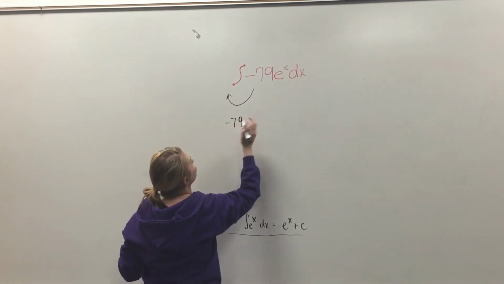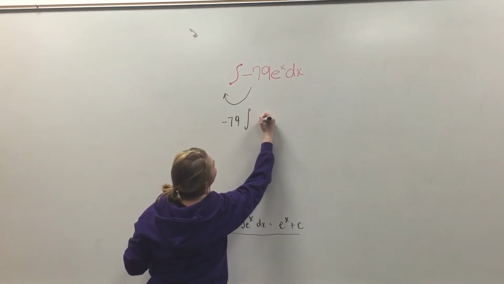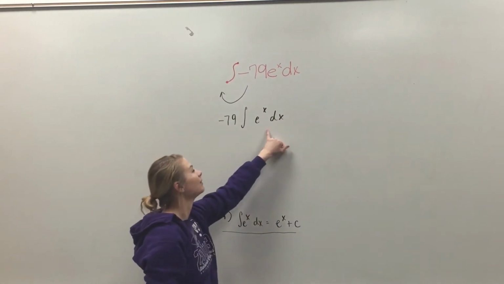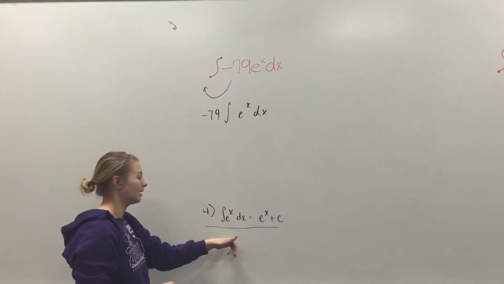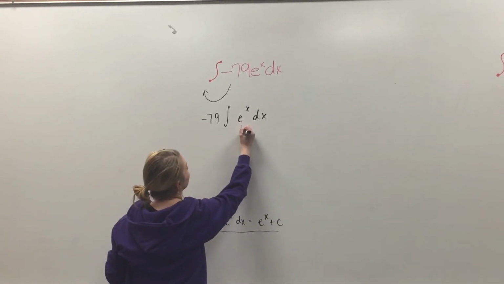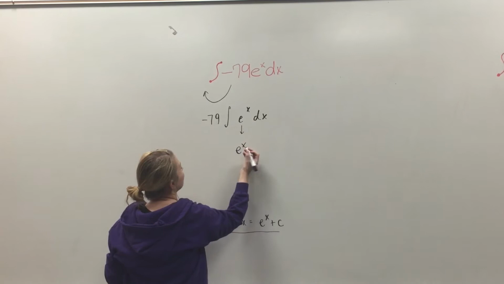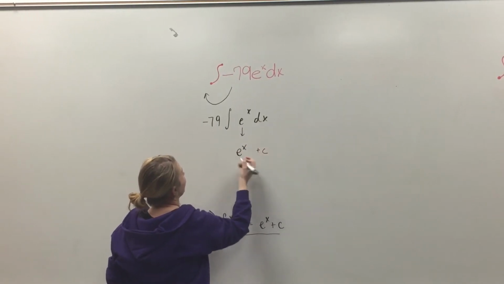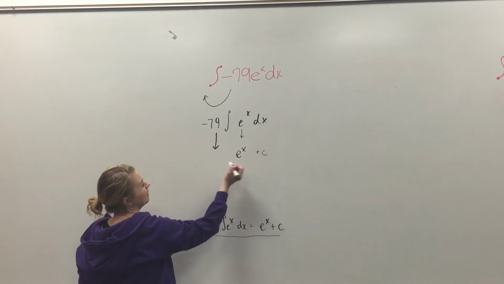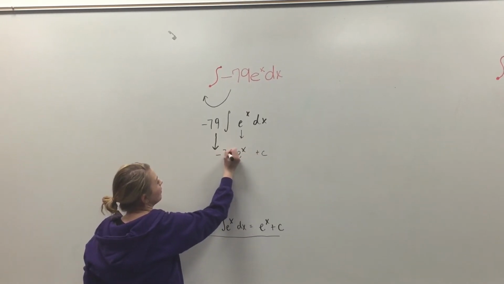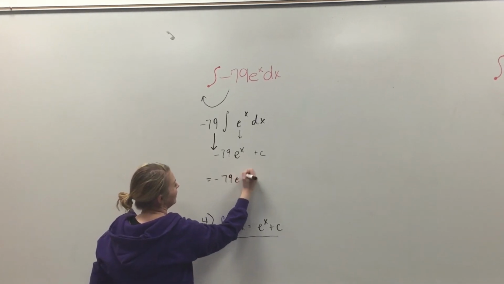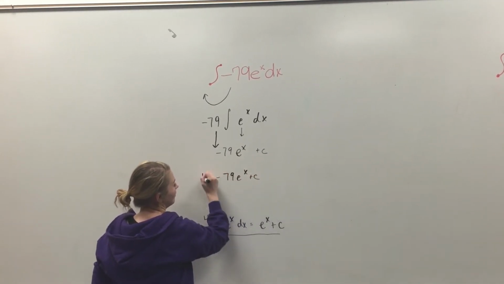And take the integral of e to the x dx. Now this problem is just a simple toolbox problem that we have down below. So this comes to e to the x plus c. And now I can bring down the negative 79 and multiply it by my integral. So my answer will be negative 79 e to the x plus c.